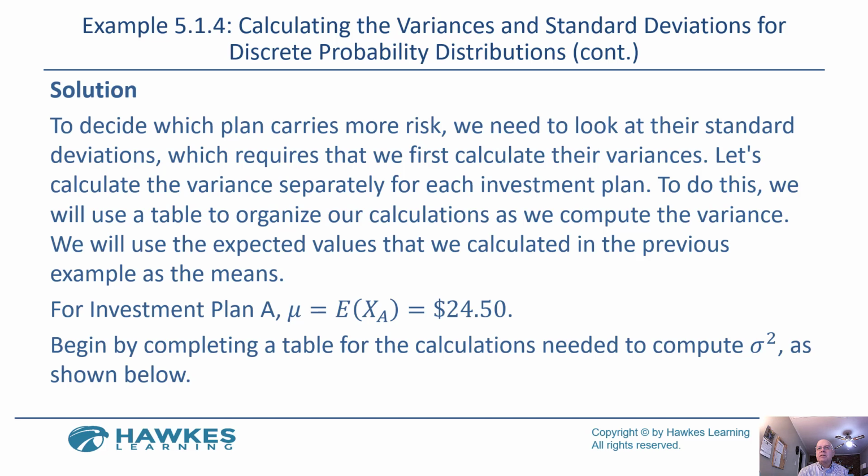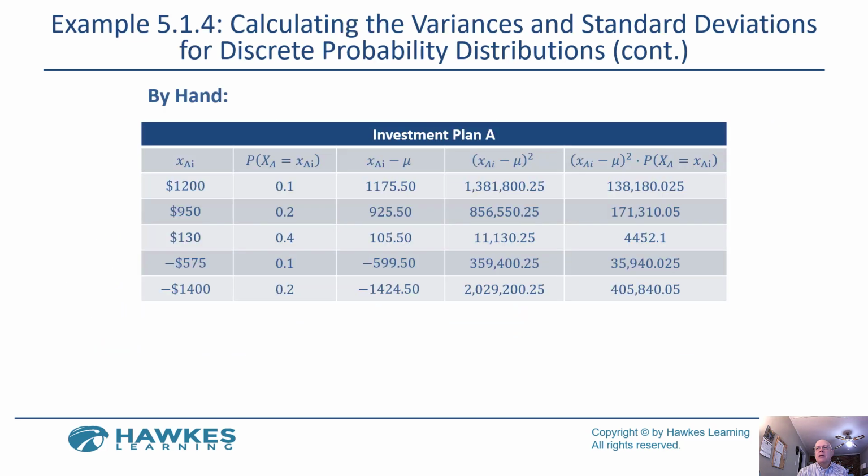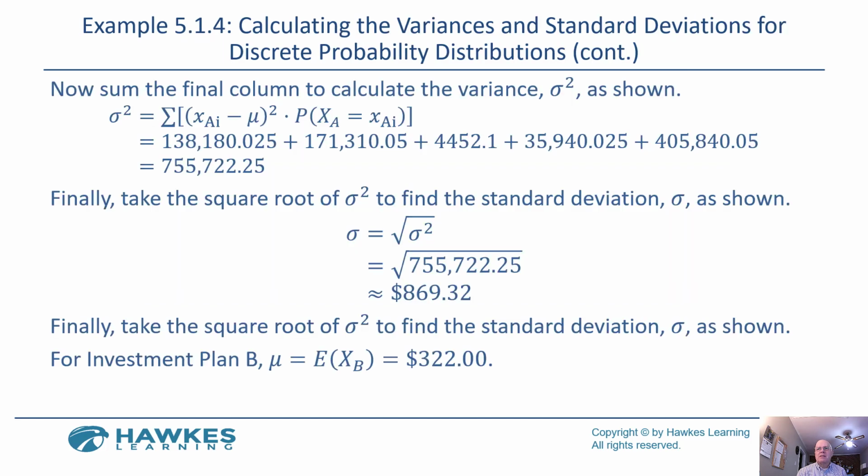For the first one, the expected value is $24.50, and you could go through all that. If you're not going to do it, don't even think about it. Just take the standard deviation and square it to get the variance.